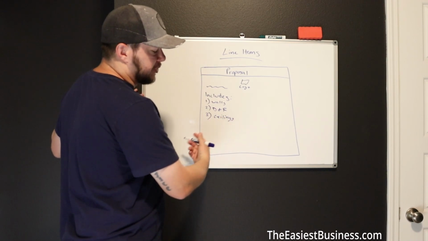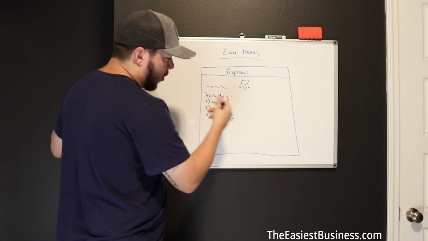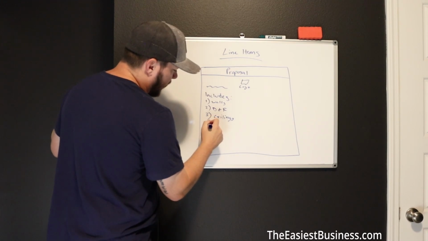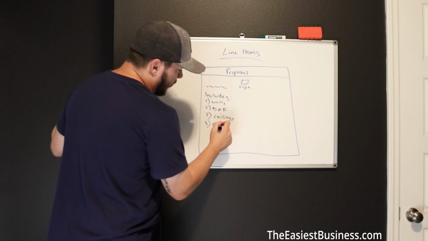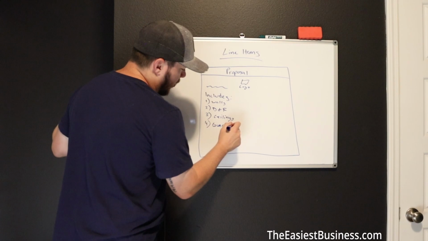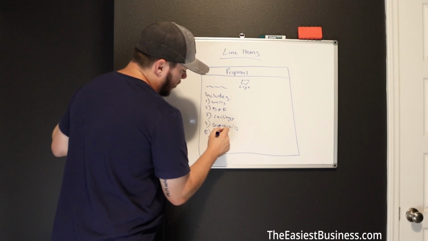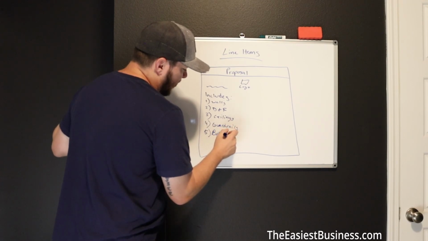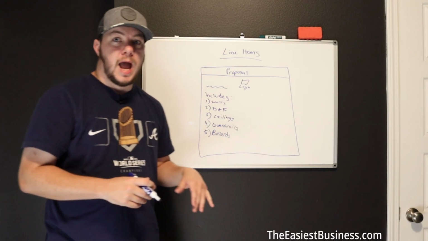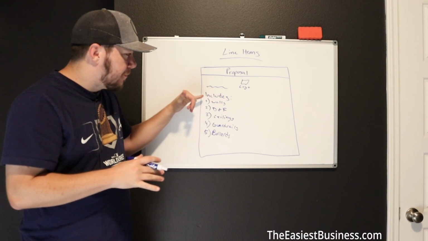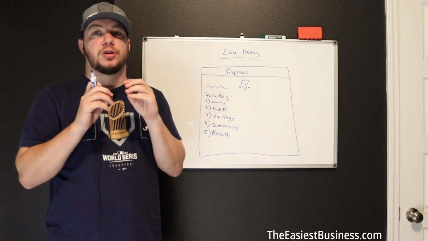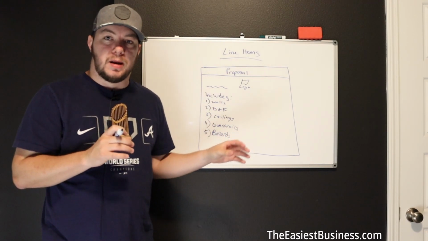Usually I would actually put drywall ceilings, drywall walls, doors and frames, 4 guardrails, 5 bollards, etc., etc. You get the picture. I mean, you want to literally list out every single scope item that you're gonna put in your bid.